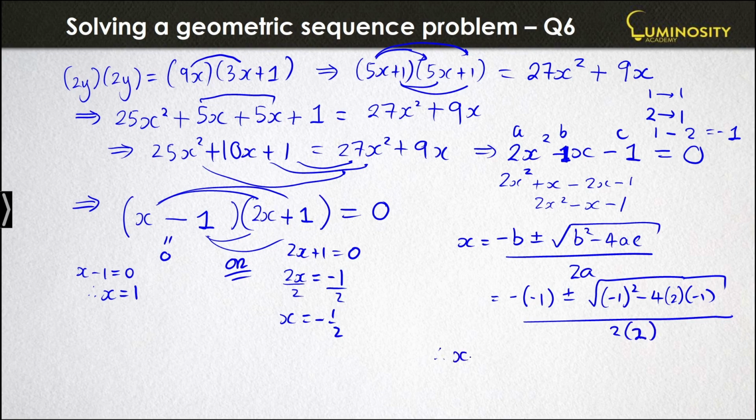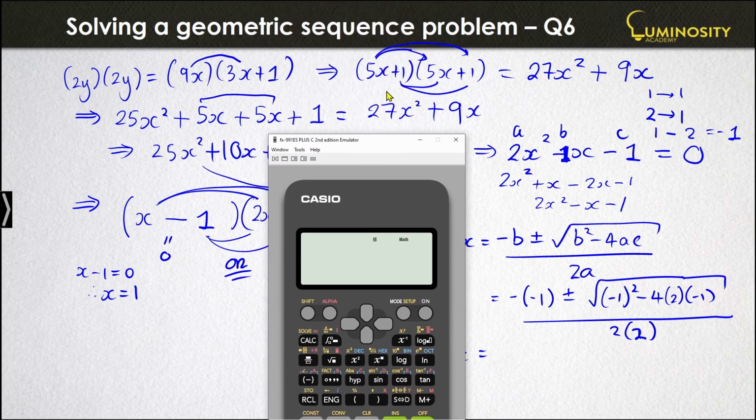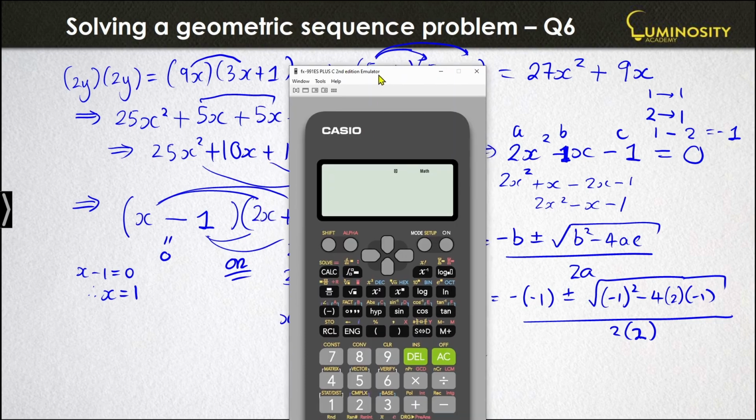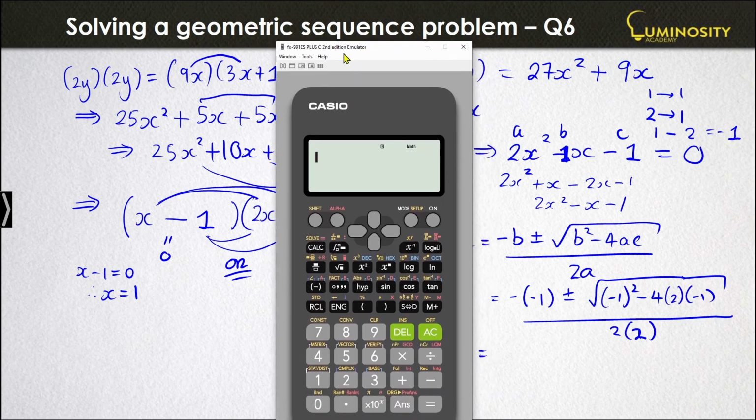So therefore the two values for x are going to be, so my calculator, let's bring that up, and we will see that. Let's do the positive one first. Let's put our brackets there, -1, positive, so plus the square root of (-1) squared minus 4 times 2 times -1, and then underneath that 2 times 2.